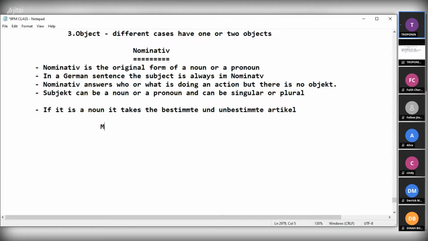So masculine takes der, feminine takes die, neuter takes das, then plural takes die.